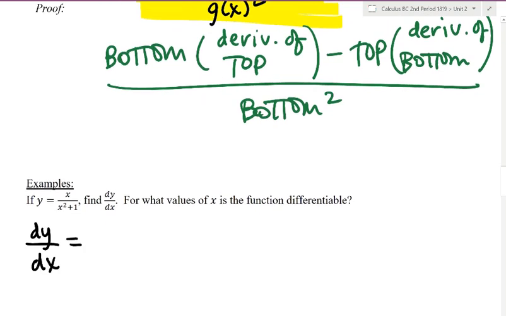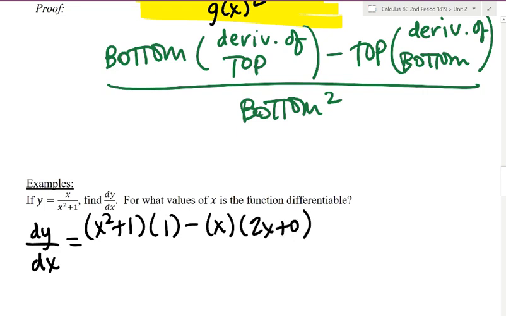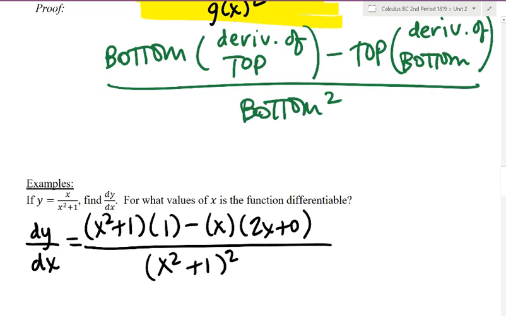So it's the bottom times the derivative of the top minus the top times the derivative of the bottom, divided by the bottom squared. And if you wanted to write this more cleanly, this would be x squared plus 1 minus 2x squared. So it's negative x squared plus 1 over.